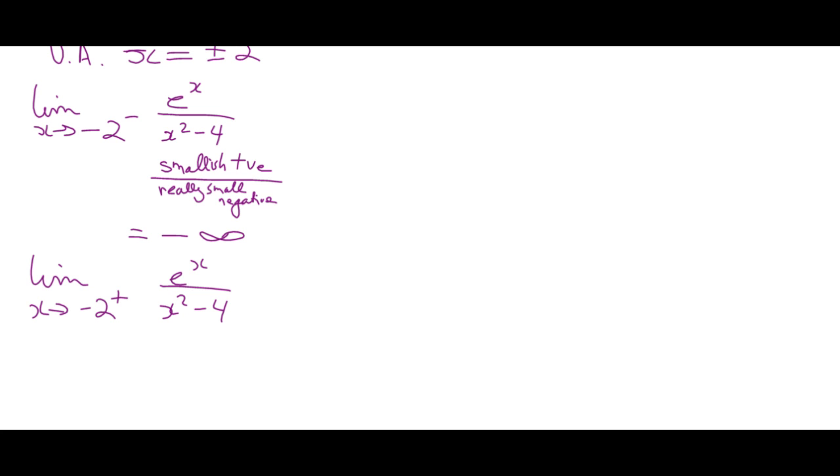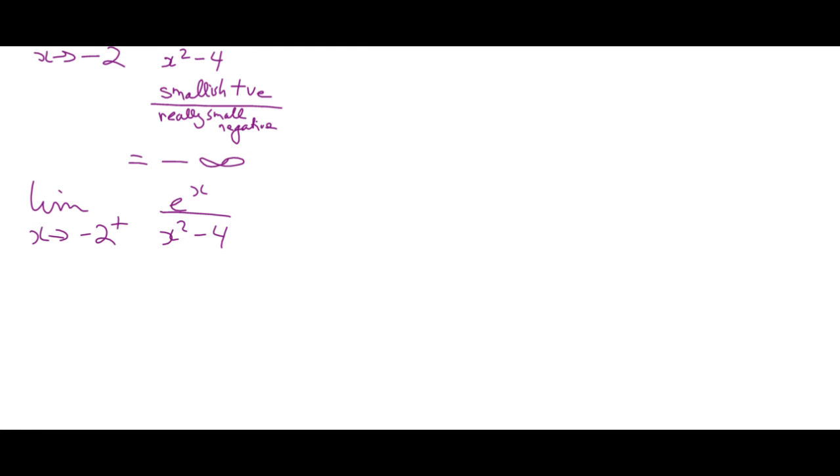It's still e to the negative 2, or close, so smallish positive. And negative 2 from above, the 1.99999 squared minus 4 is going to be a small negative, yielding negative infinity.